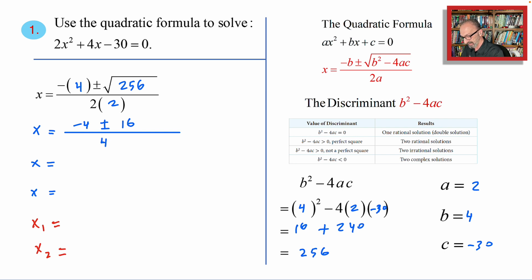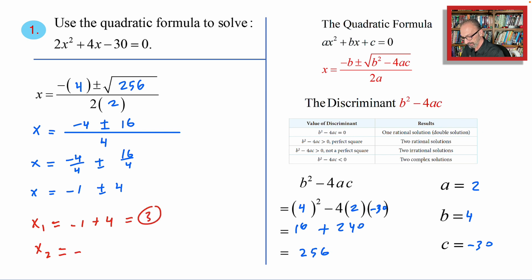Dividing both sides by 4, as you can see it does divide, we could use the distributive property. That is negative 1 plus minus 16 over 4, which is 4. So I have 2 solutions. Once we take the plus option, negative 1 plus 4, which is 3.